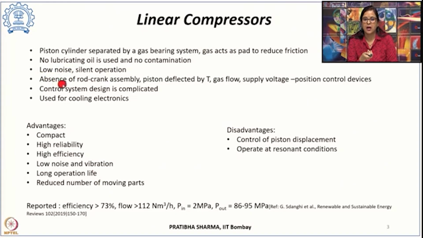There is an absence of crank and rod assembly. So the piston here is deflected by means of the linear motor. Since there is this absence of crank rod assembly, there is a certain challenge also: the piston could get deflected by the gas properties, like if there is a change in temperature or the gas flow or the supply voltage, there will be a deflection in the piston.